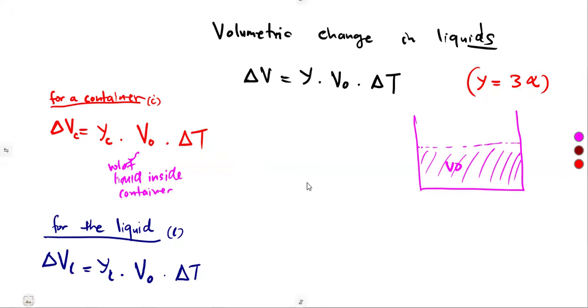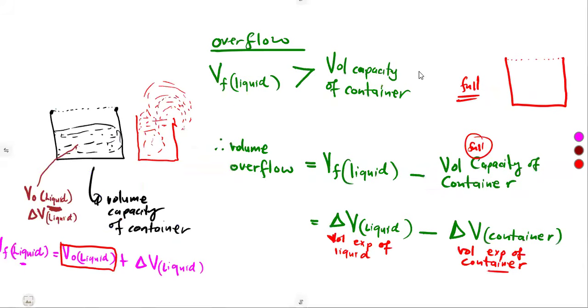For the best part of revising, I think question papers will be best. But like I said, use these formulas and the understanding of the overflow that happens. And sometimes they can ask you about the change in height.